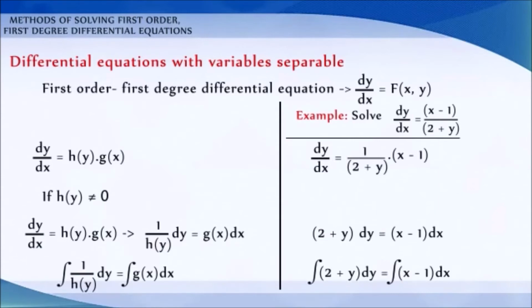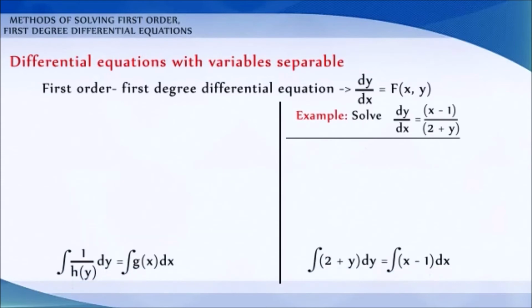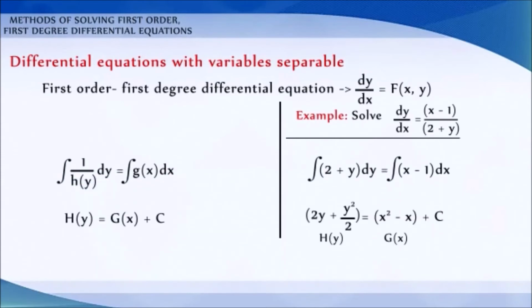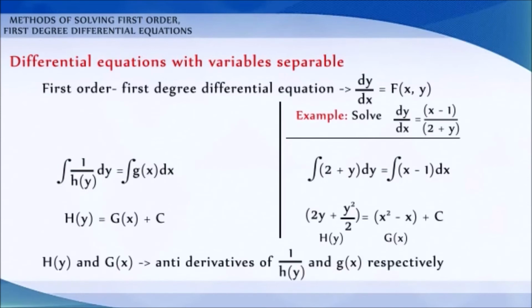This equation provides the solution of the given differential equation in the form H(y) = G(x) + c. Here, H(y) and G(x) are the antiderivatives of 1/h(y) and g(x) respectively, and c is the arbitrary constant.